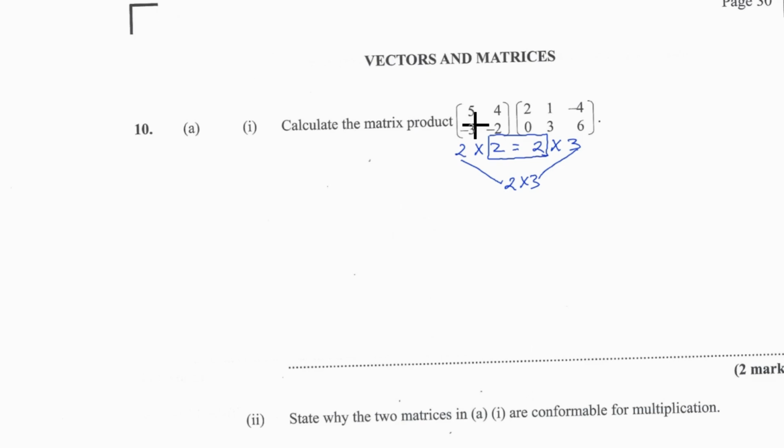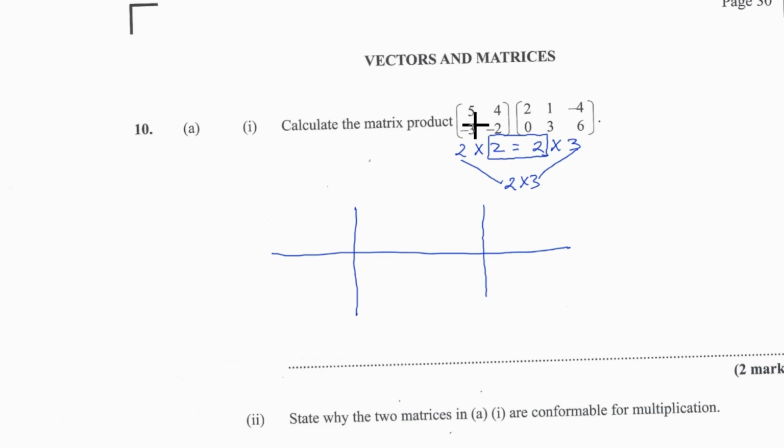So if I know my resulting dimensions are going to be a 2 by 3 matrix, I could construct my 2 by 2 matrix here, where I'm going to perform my multiplication. Now, when you are multiplying matrices together, you always multiply a row by a column, and you do it one at a time.